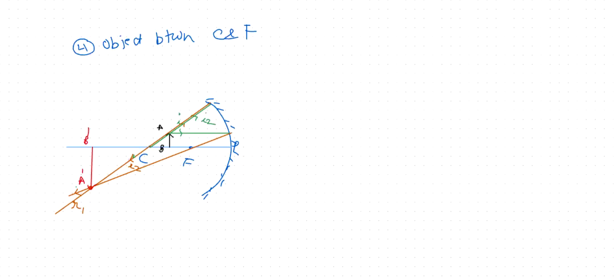So let's write this. Image location is at beyond C. Okay. Size. What is size? It is enlarged. That is, it is bigger than the size of the object.